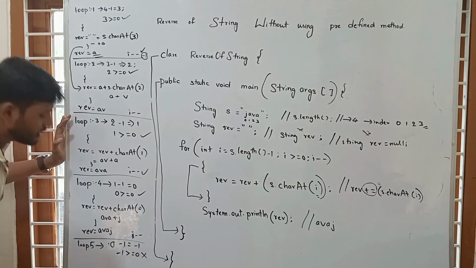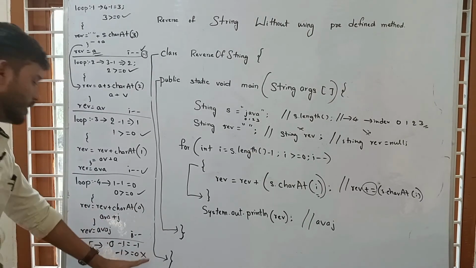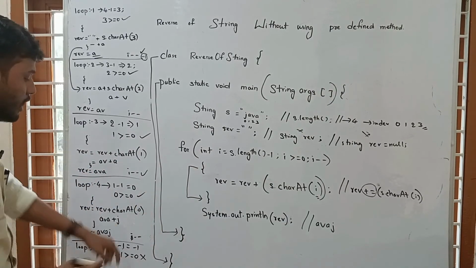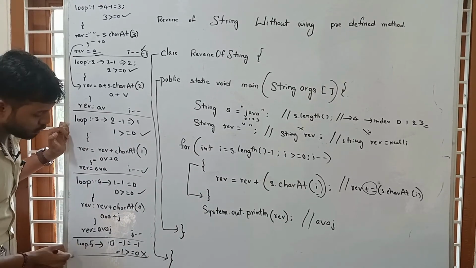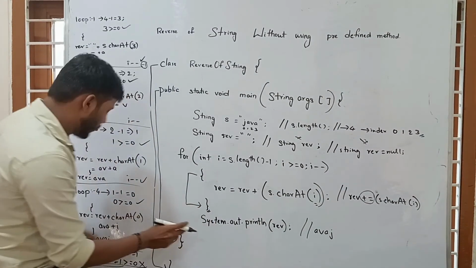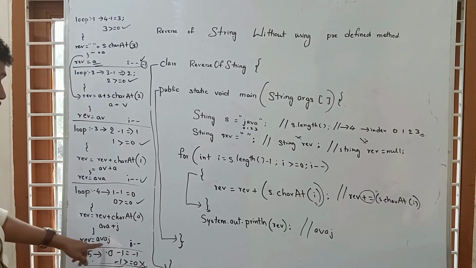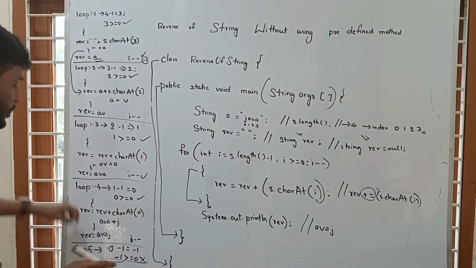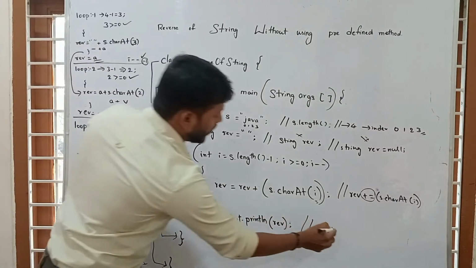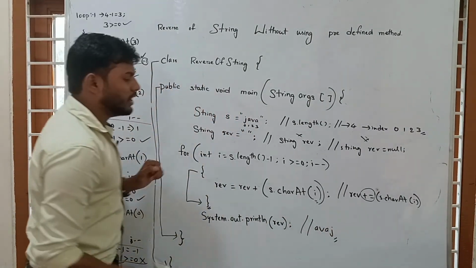Here the condition is not satisfied. When the condition is satisfied, the loop will be executing, but here the condition was not satisfied. So the loop was stopped. After completion of all the loops, the final value of reverse is AVAJ. So we are reversing it as AVAJ.